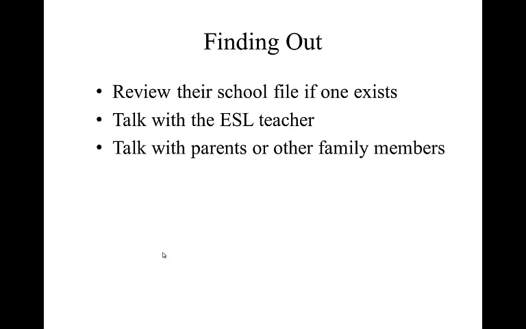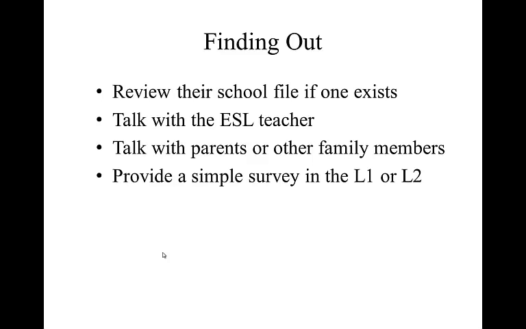Talk with parents or other available family members. Provide a simple survey with a one-word answer or perhaps even a picture answer in the first language or the second language, English. Observe. And just ask the student.